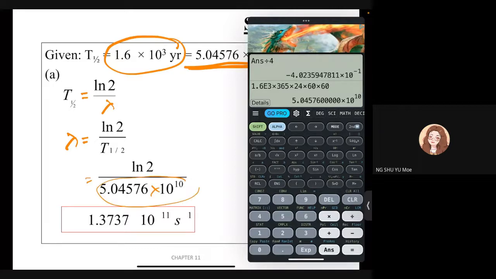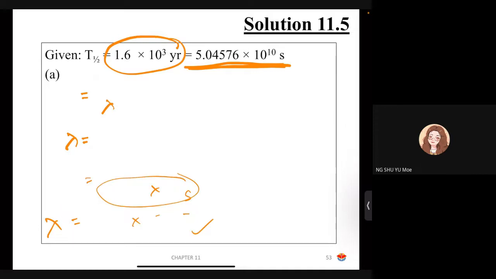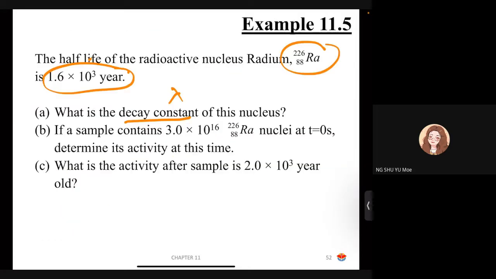Kenapa dia tukar second? Sebab nanti kita tengok. Dia dapatlah jawapan dalam second, jadi dia akan dapat lambda dalam unit S-1. Oh, sebab sini dia bagi second. Okey, soalan nombor A dah settle.